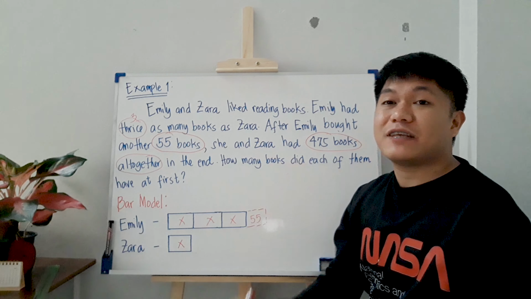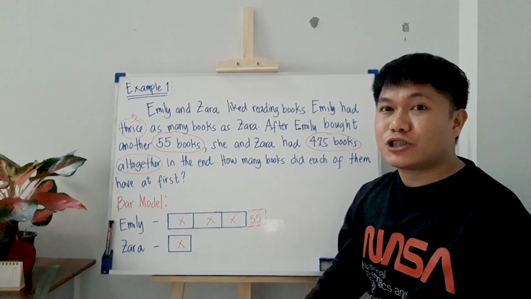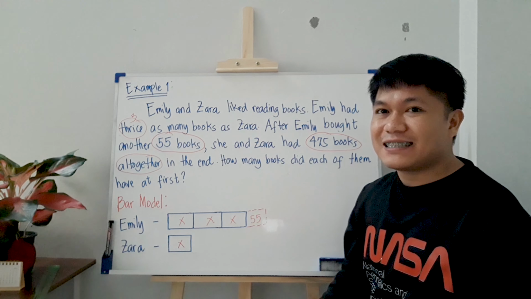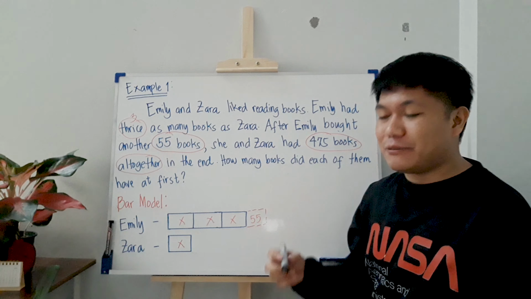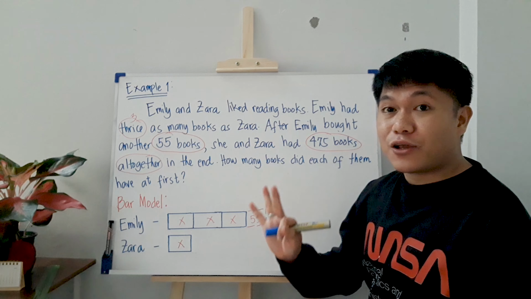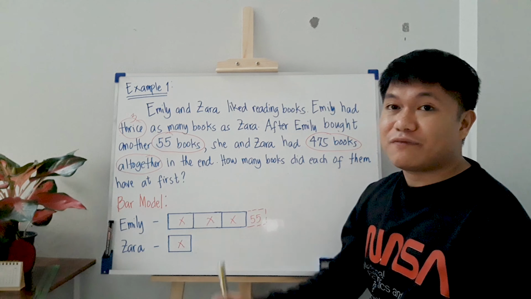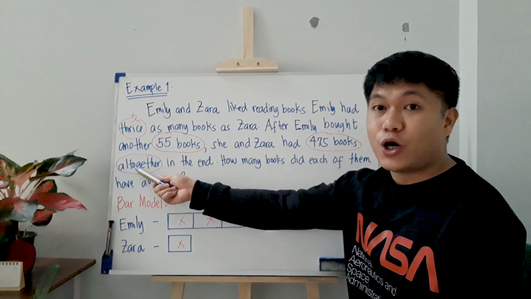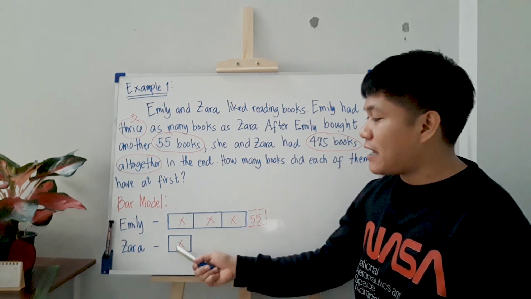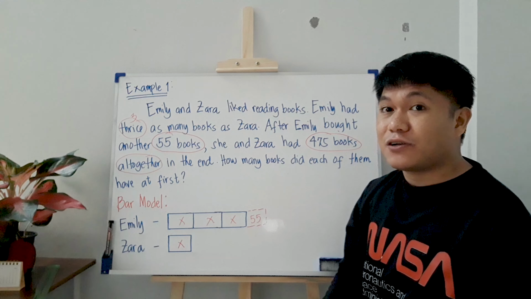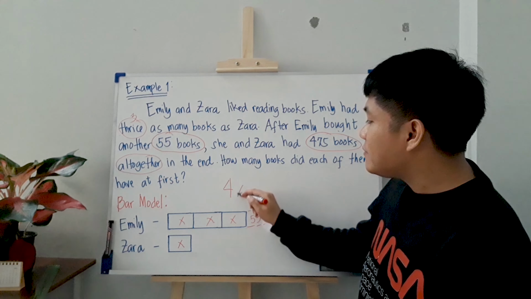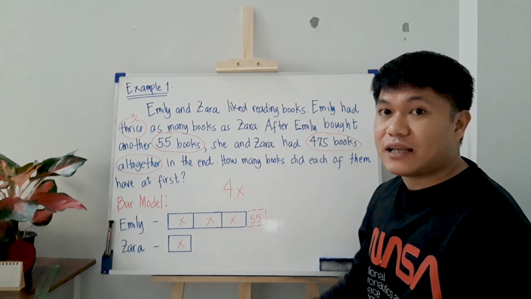Since we already have this bar model, we can now formulate our mathematical sentence to answer this problem. Since there are 3 units for Emily and 1 unit for Zara, and there is the keyword altogether, we are going to add the 3 units of Emily and the 1 unit of Zara. That means there are already 4 units, 4x, together with the variable x.